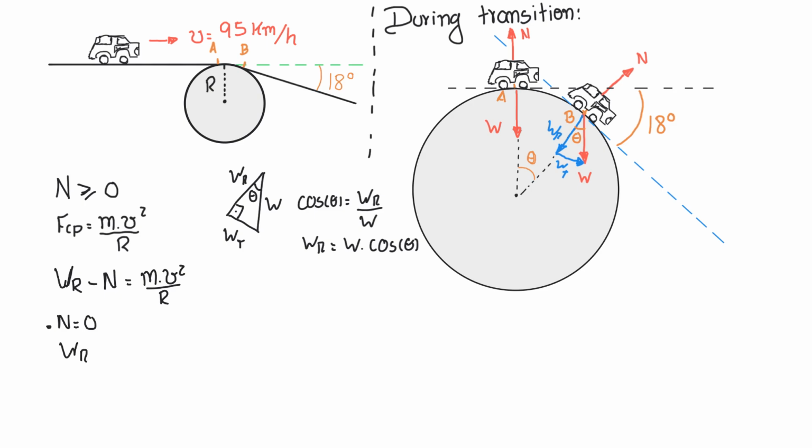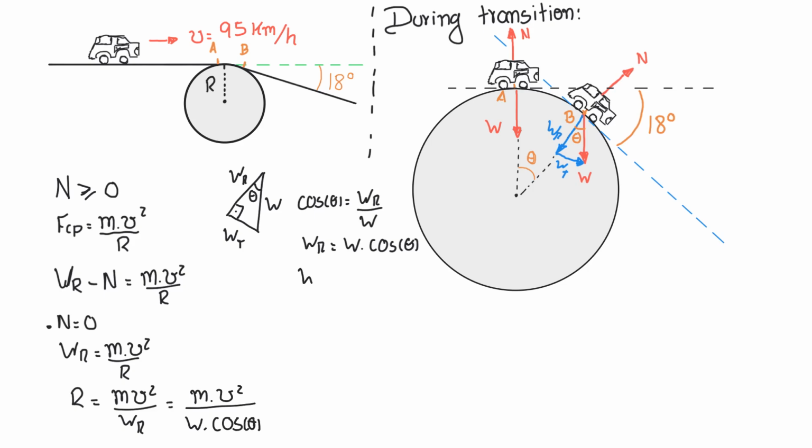The radial component of the weight force must be equal to mv squared divided by r. So the radius must be equal to mv squared divided by the radial component of the weight force. Using the equation for the radial component of the weight force that we had just derived, we get mv squared divided by W times the cosine of theta.